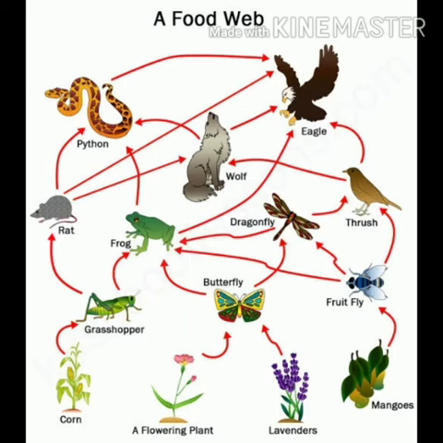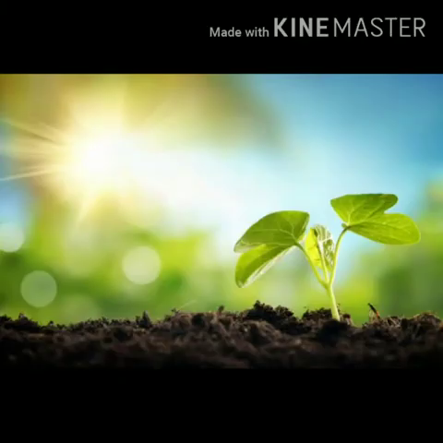Due to the food web formed by the various modes of nutrition, energy and various nutrients circulate continuously in the ecosystem. The sun is the most important source of energy in an ecosystem. Green plants of the ecosystem store some of the solar energy in the form of food.